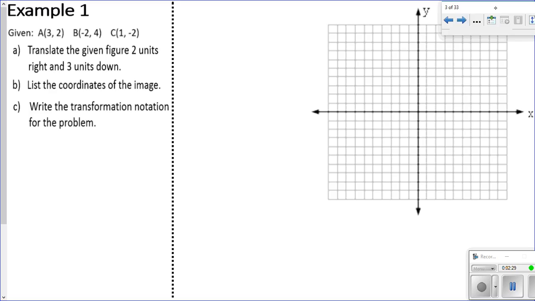All right, so example 1, let's do some coordinate plane stuff. Translate the given figure 2 units right and 3 units down. So first what you need to do is graph the points and label them.